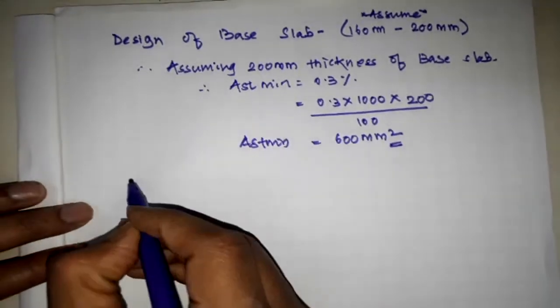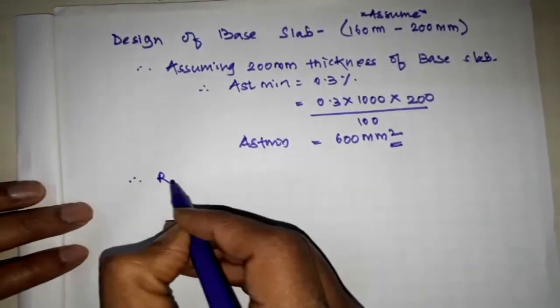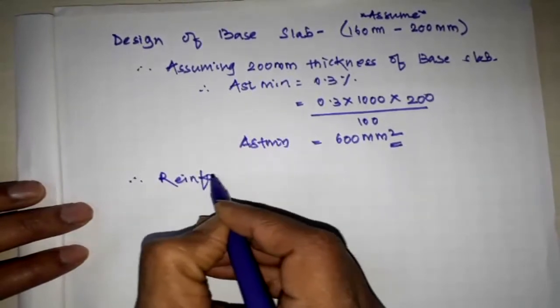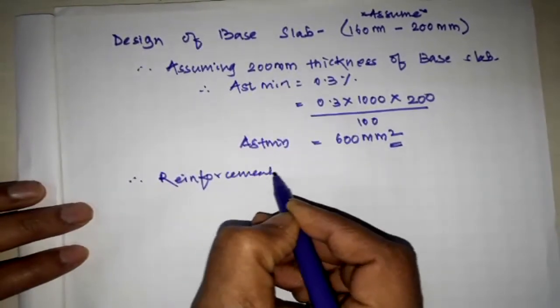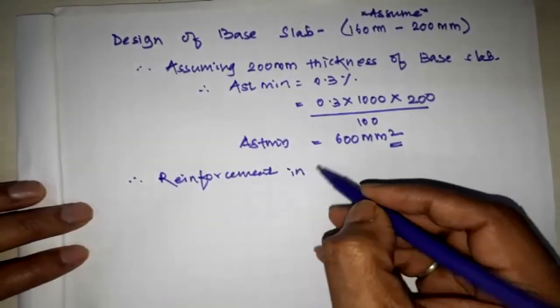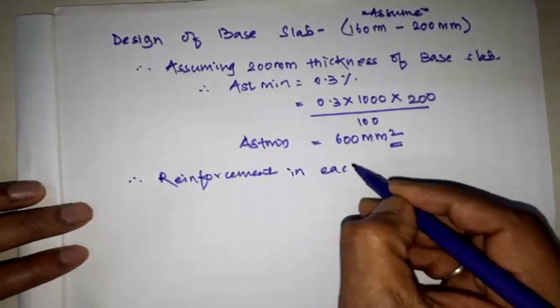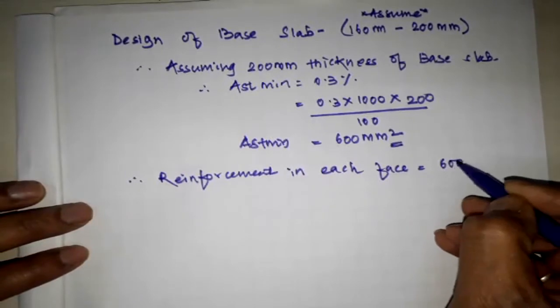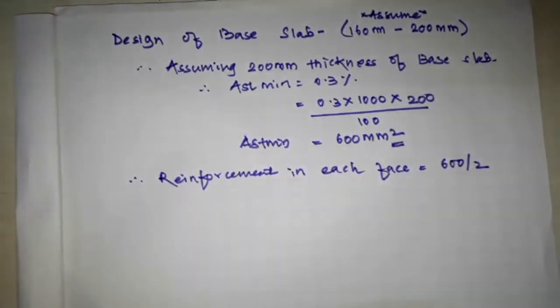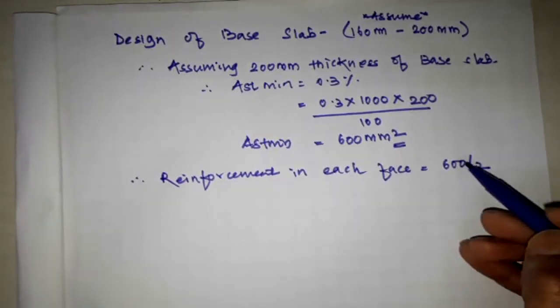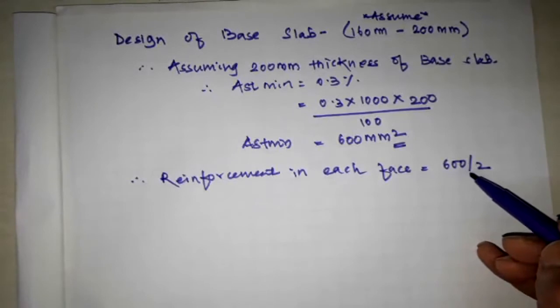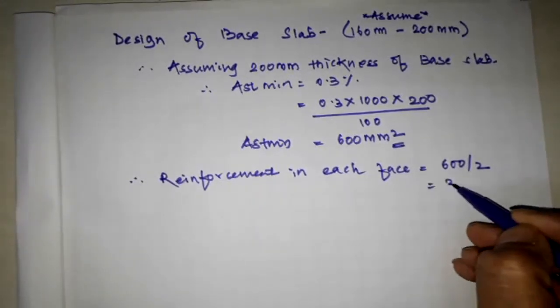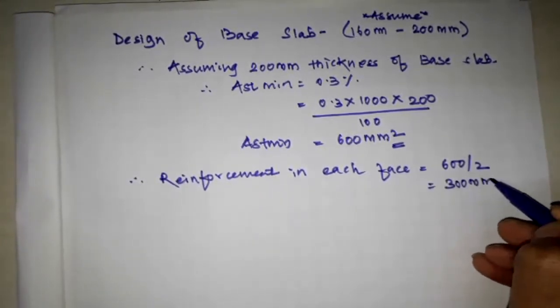So therefore reinforcement in each face, that is 600 divided by 2, because in the base slab we are going to provide bottom steel and top steel, so we have to divide it by 2. So for each face we got 300 mm square.